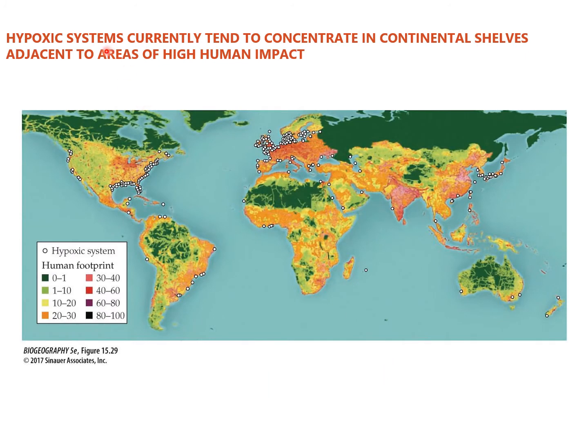Something else is these hypoxic systems that create dead zones near coasts that currently tend to concentrate in continental shelves that are adjacent to areas with high human impact, probably related to agricultural runoff and alterations to the nutrient balances in these types of environments.